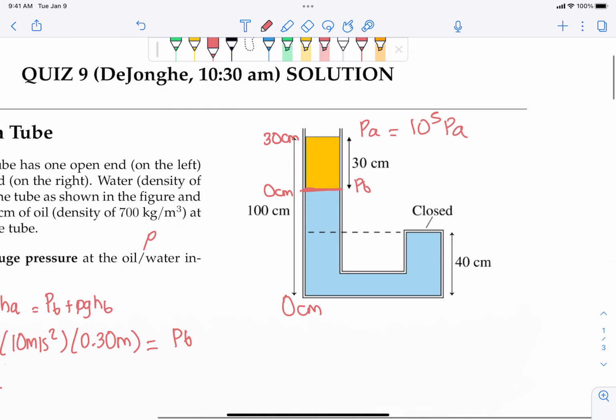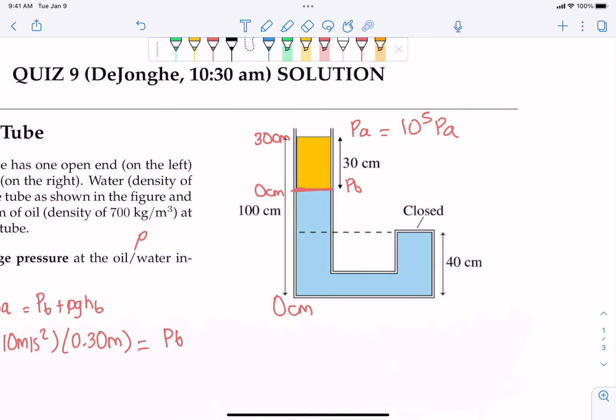Yeah, so whenever you have any fluid or any point directly in contact with the atmosphere, like it's out in the open here, like you can see, for example, there's a little bit of air in this section here. Whenever that point is completely in contact with the atmosphere or with air, that pressure at that point will always be the atmospheric pressure, which is 10 to the 5th pascals or 1 atmosphere. So for this point, for example, it's not in contact with the air, so it wouldn't have an atmospheric pressure, but this point does, right?